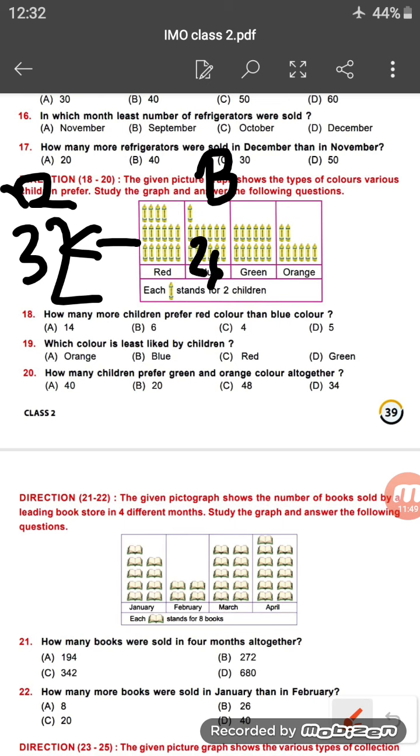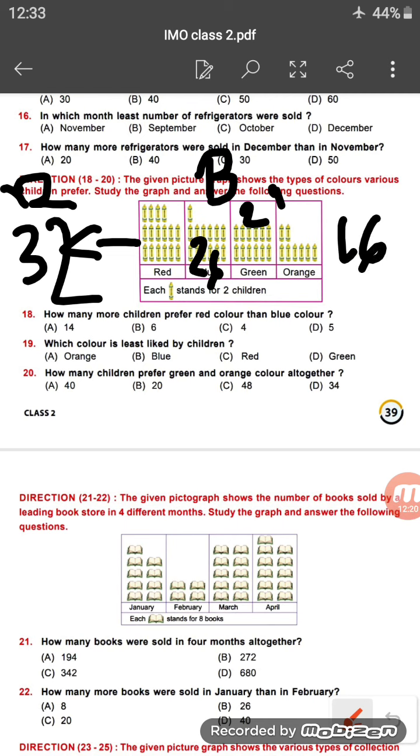Then the color green, right? Now green color, they are having 1 2 3 4 5 6 7 8 9 10 11 12. Okay, so 12 means 24. Then orange color, 1 2 3 4 5 6 7 8. 8 means 16.